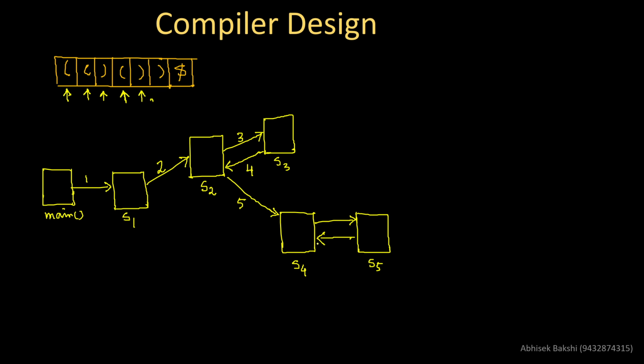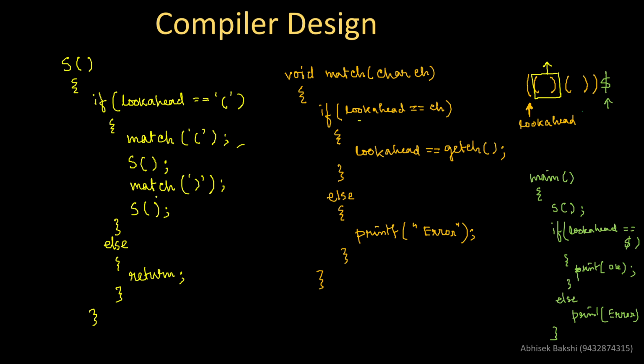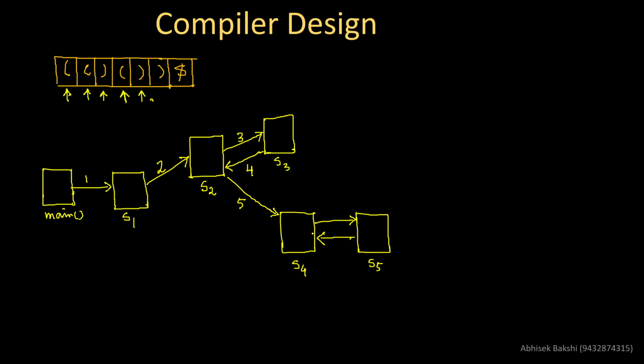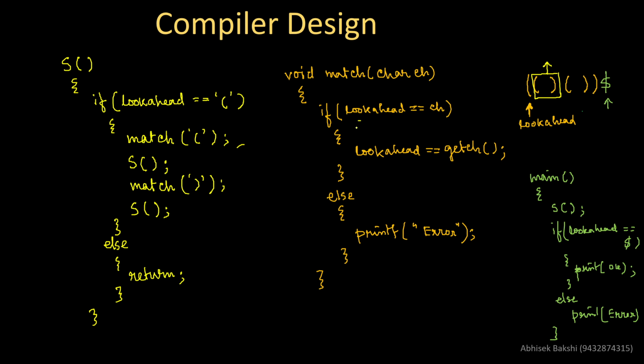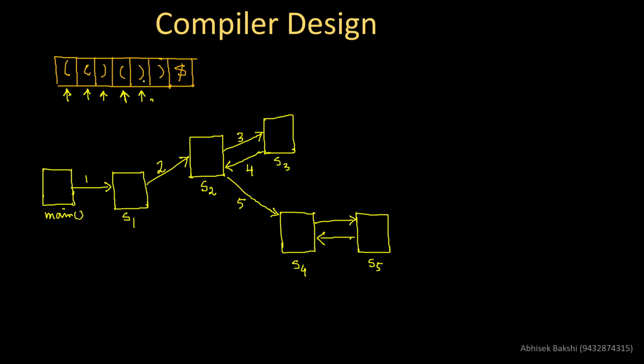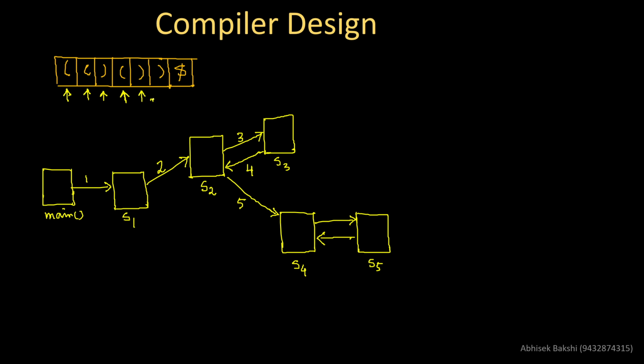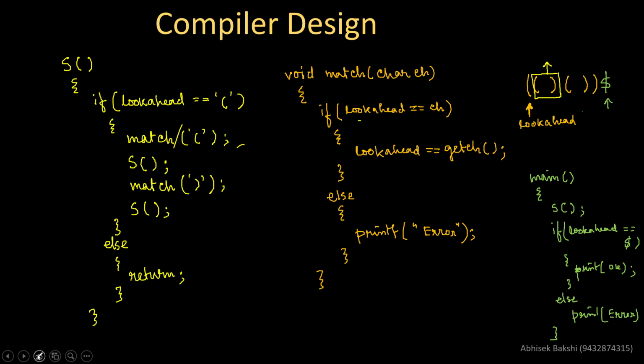As soon as it returns, now the match of this closing brace will be called from the S4 function, because it is right now pointing to the closing brace. So match closing brace will work, and since it works, it will shift towards the right, and then after matching this one, you can see another exploration of S is there, like this one, right?